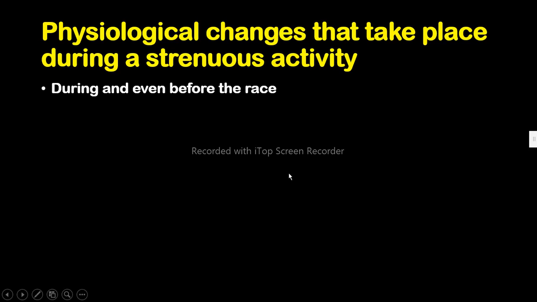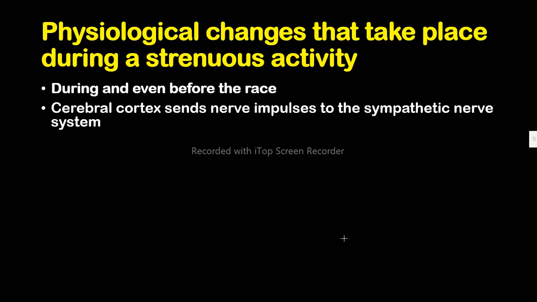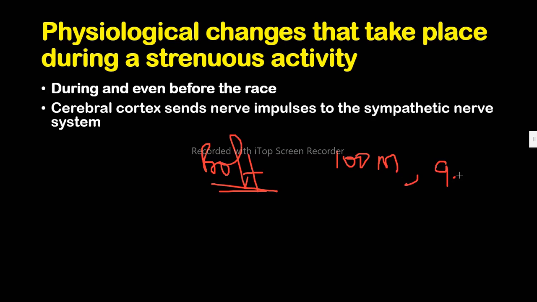Now, during and even before the race, usually you prepare. You can imagine Usain Bolt, the man with the world record. Do you know, running 100 meters in just 9 point, is it 9.3?